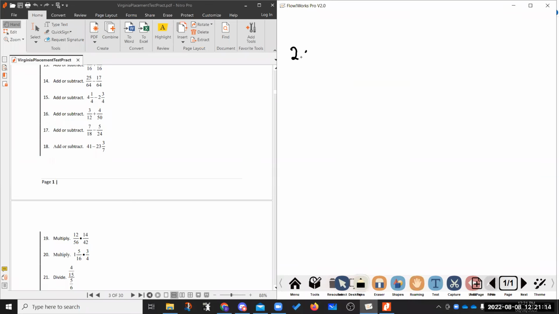Number 20 asks us to multiply 1 and 5/16 times 3/4. So to do that, we're going to have to change 1 and 5/16 to an improper fraction.